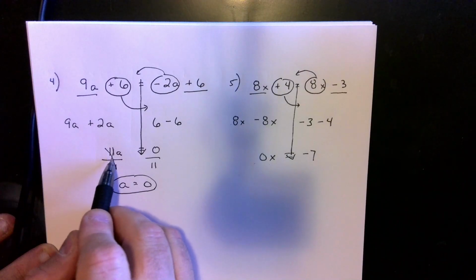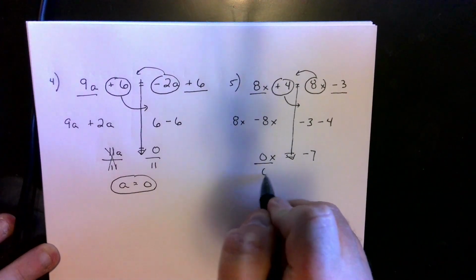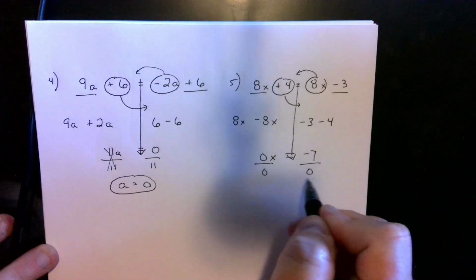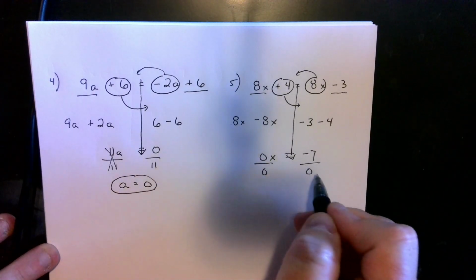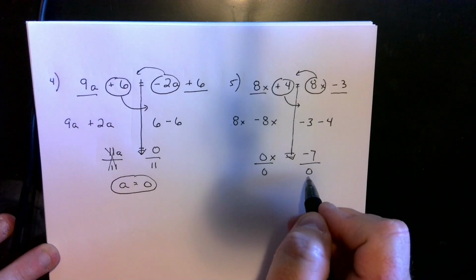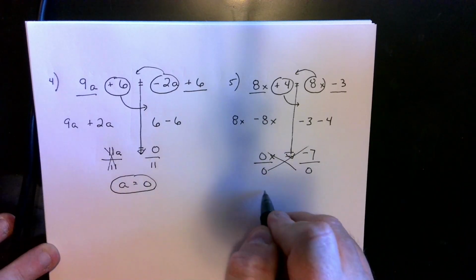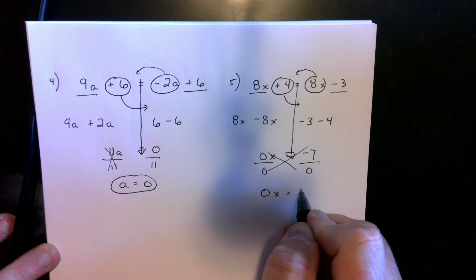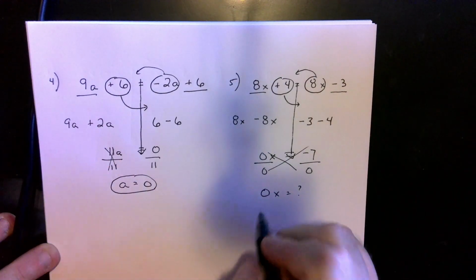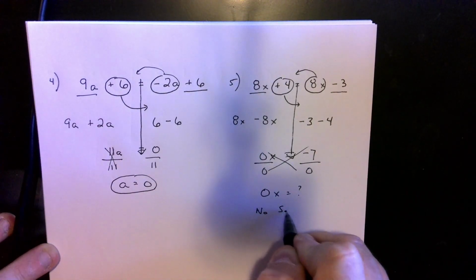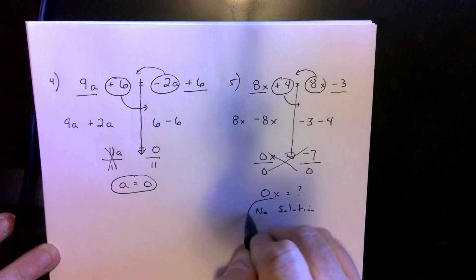Before you always had a number here. So if I try to divide by 0, we remember from elementary that we cannot divide by 0. This cannot happen. So we cannot end up with 0 variables equals a number. That will not work. The answer when we get this is no solution.